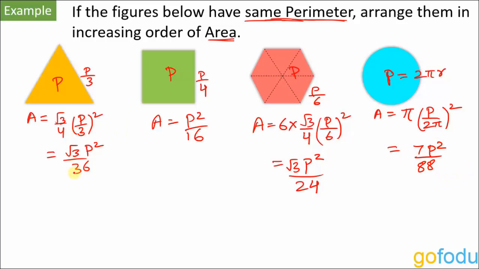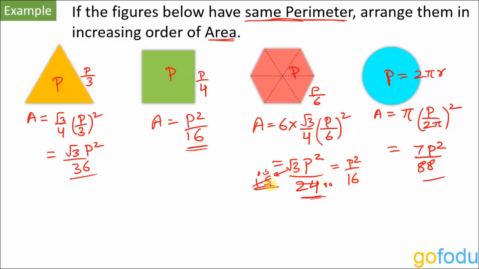Now let's compare these areas. We have obtained all four areas. Let's start with the second and third values that we have obtained. We have P square upon 16 and root 3 P square upon 24. Root 3 is 1.73. If in place of 1.73, I take the value of root 3 as 1.5, then 1.5 upon 24 is P square upon 16.